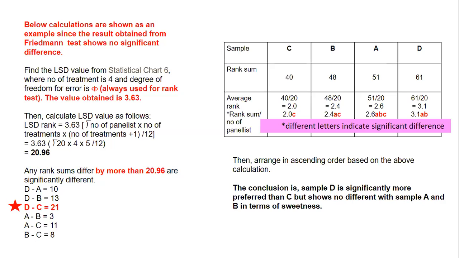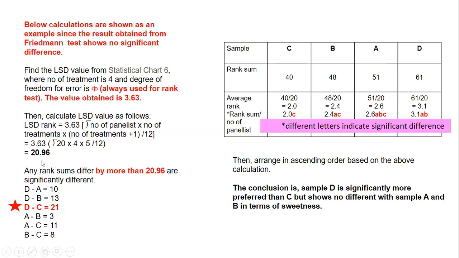Okay, yeah, you will get 20.99695 like that. Okay, the value. And then we use this value. This is the least significant difference that will help us to show which sample is different.